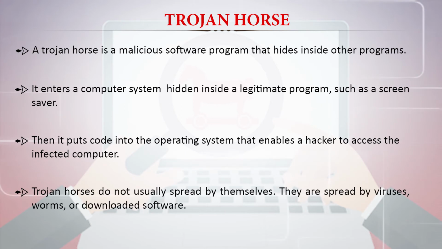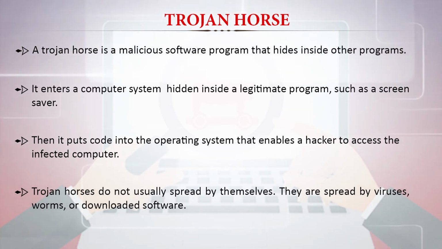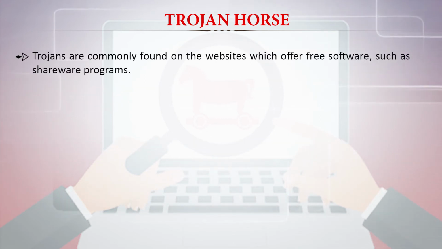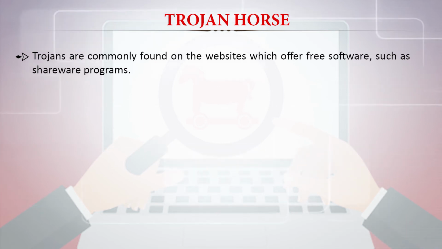Trojan horses do not actually spread by themselves. They are spread by viruses, they are spread by worms, or you can download some software where they can be hidden. Trojans are commonly found on websites which offer free software such as shareware programs.